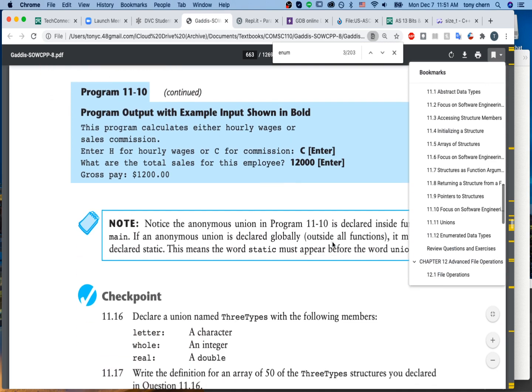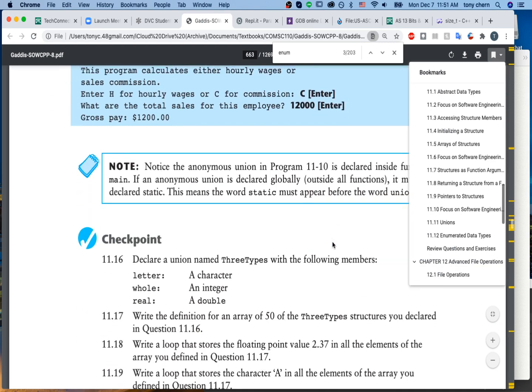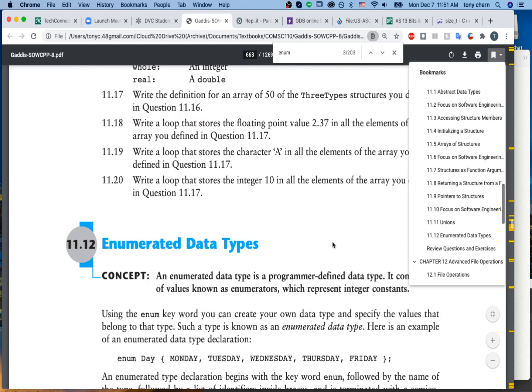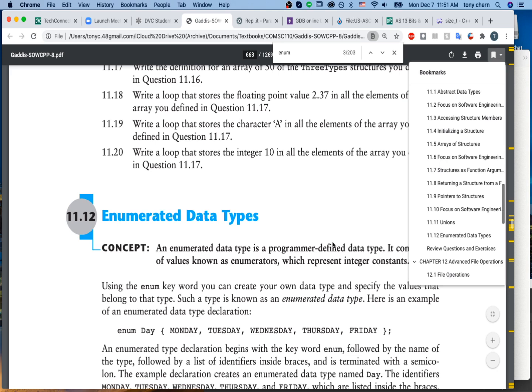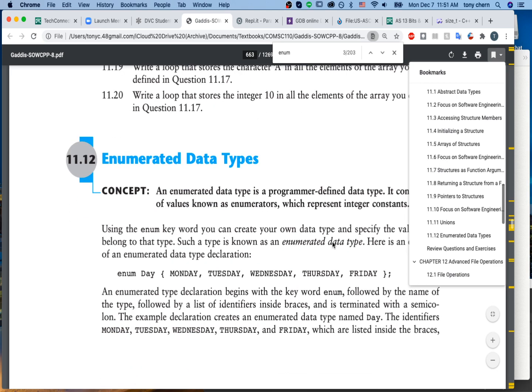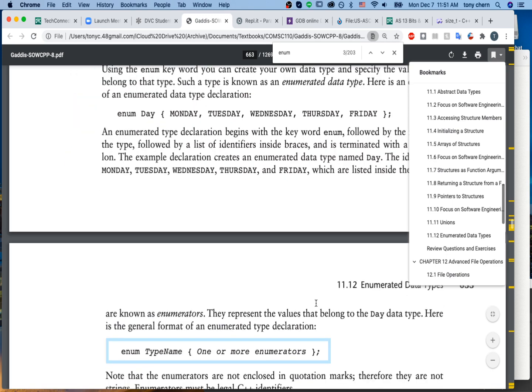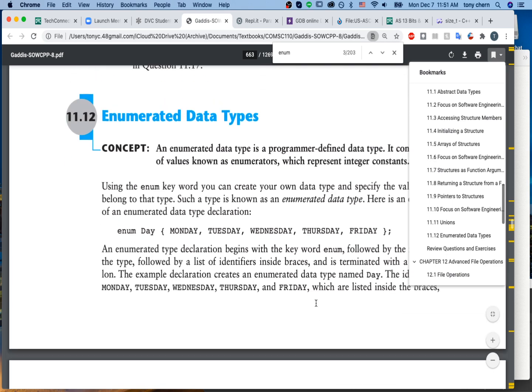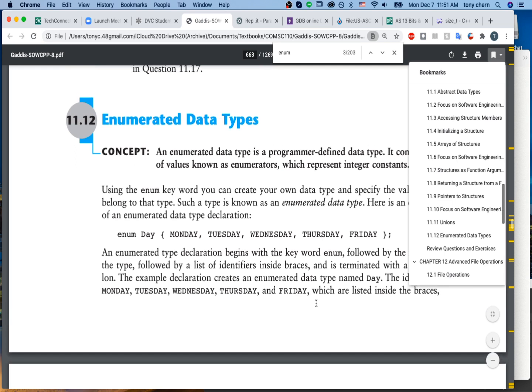So something about enum here that you have to pay attention to: enumerated data types. That's what it is. And there are plenty of examples right here in chapter 11 and 12. I'm not going to go over this verbosely again. So if you have any question about what enum is, go look at 11 and 12.